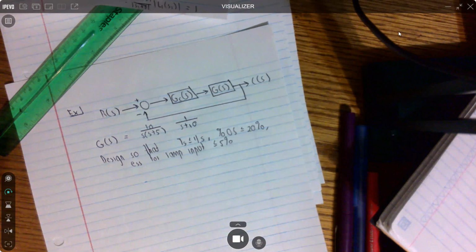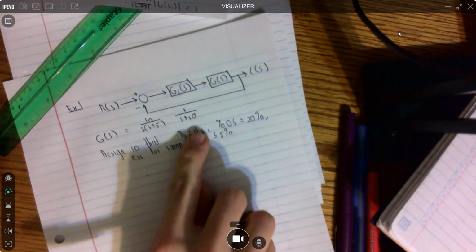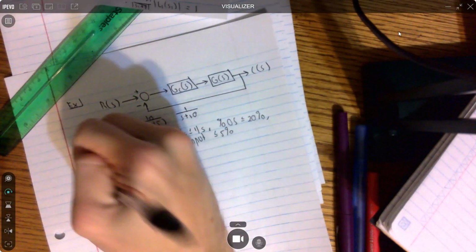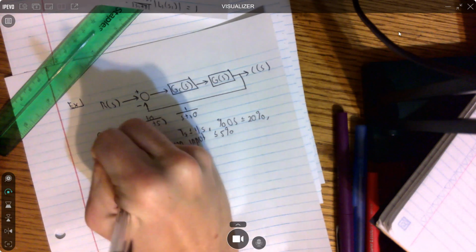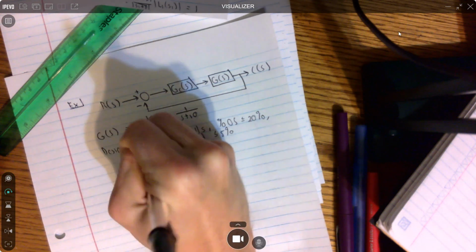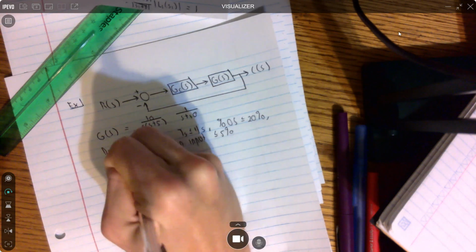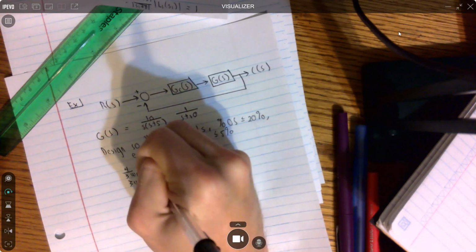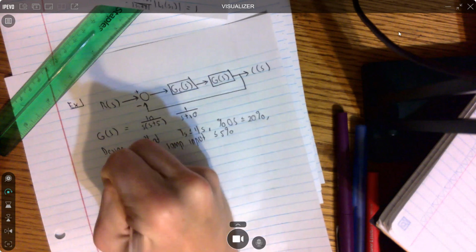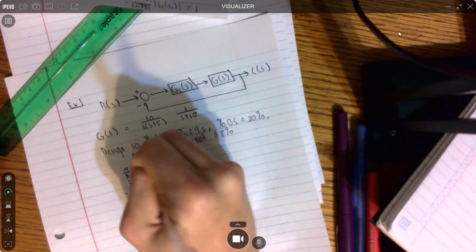What I know from here is my settling time needs to be less than or equal to 4 seconds. So 4 over zeta omega n needs to be less than or equal to 4. That is telling me zeta omega n has to be greater than or equal to 1, and negative zeta omega n has to be less than or equal to negative 1.